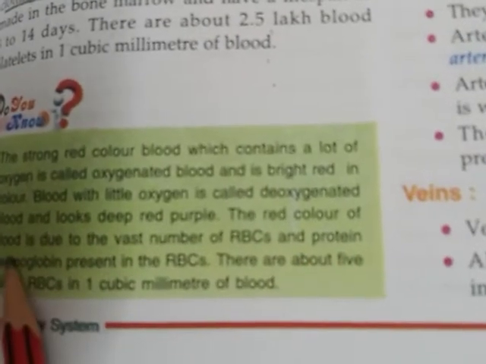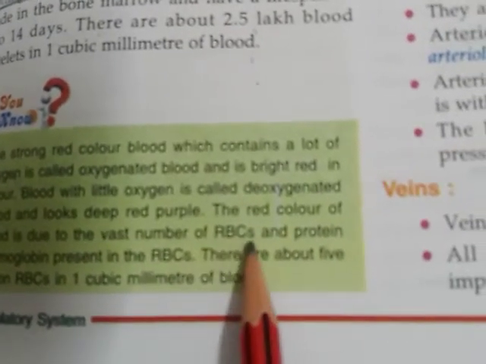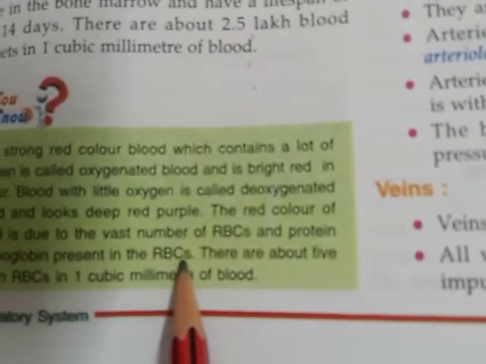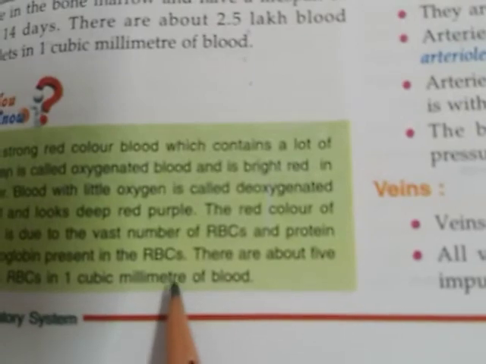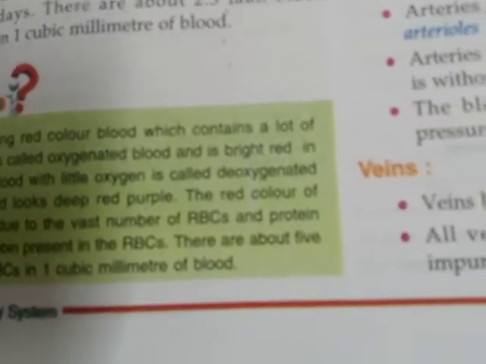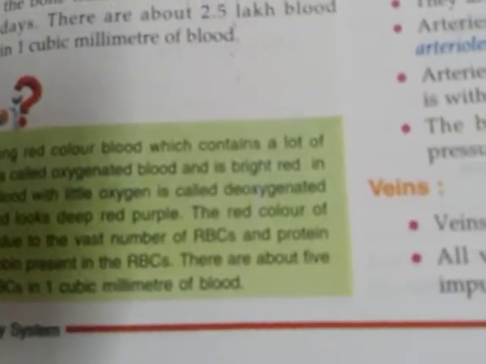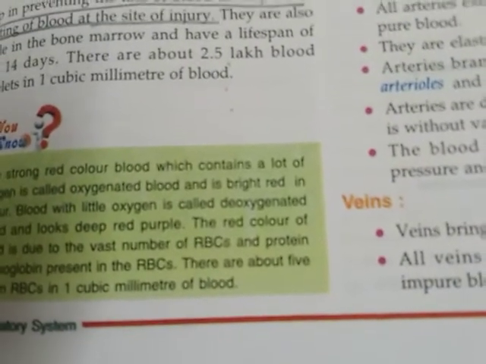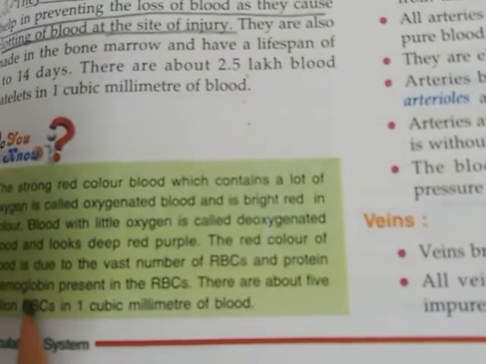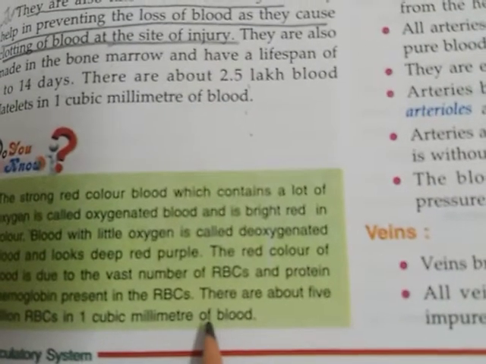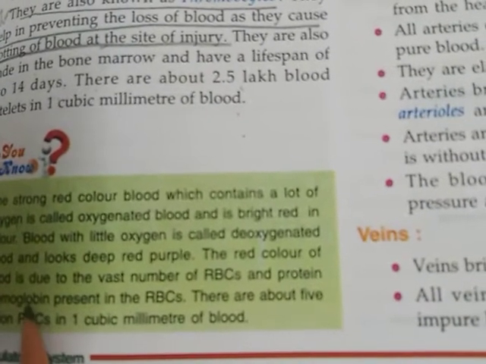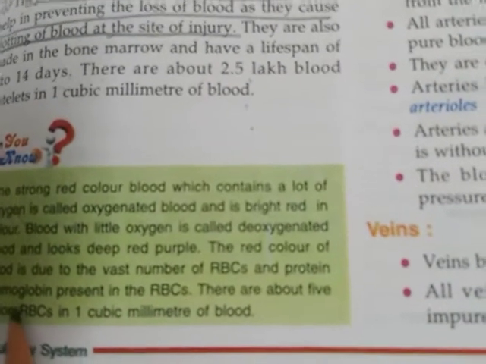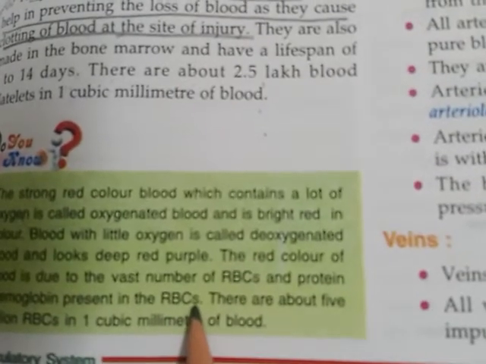The red color of the blood is due to the vast number of RBCs and the protein hemoglobin present in the RBCs.